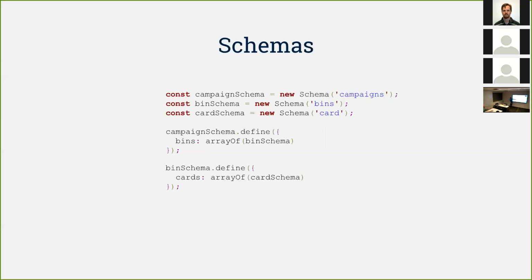And the bin schema says that each bin has a property cards, which is an array of cards, which we would define down here, and so on and so forth. So the schemas are pretty simple objects. It's easy to update them when your data structures change. It's easy to update them if you need to add a new data structure. And overall, this is a much easier, less fragile, more sturdy system to manage your front-end data.